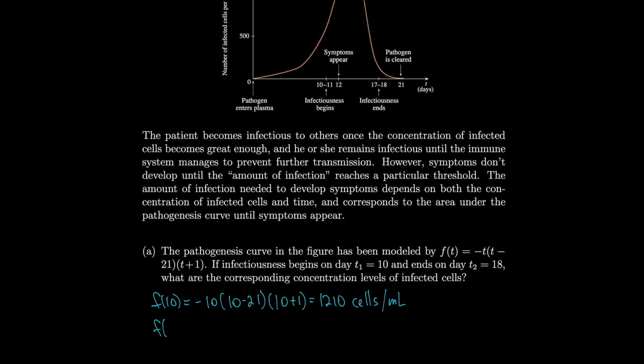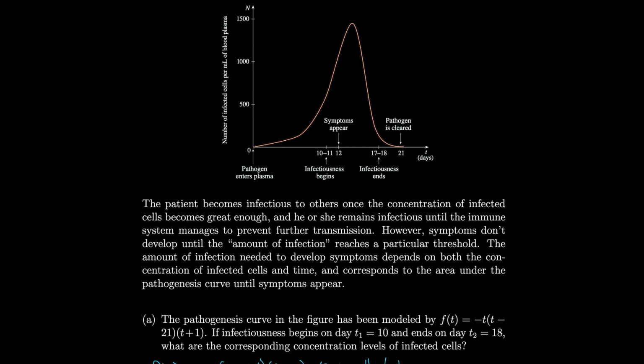Similarly, we want f of 18, so that's negative 18 times 18 minus 21 times 18 plus 1, which is 1026 cells per milliliter. And that's over here. So that's these two values, from when infectiousness begins to when infectiousness ends.